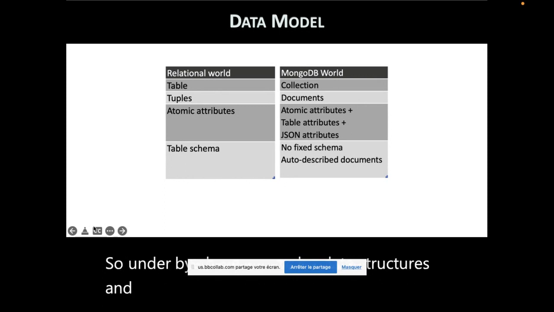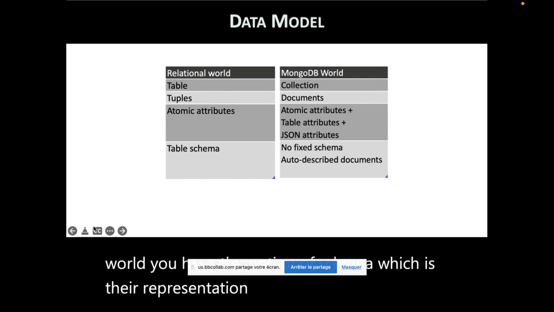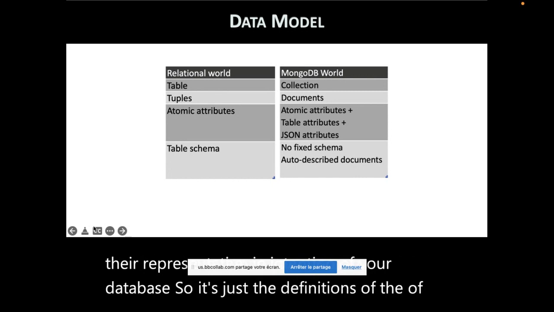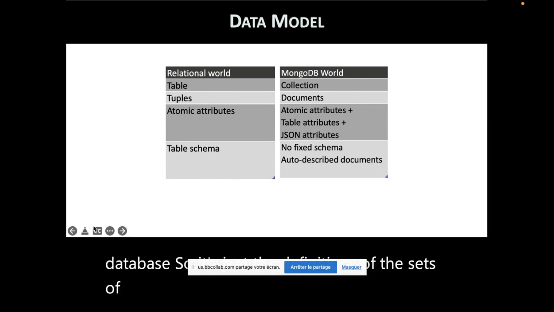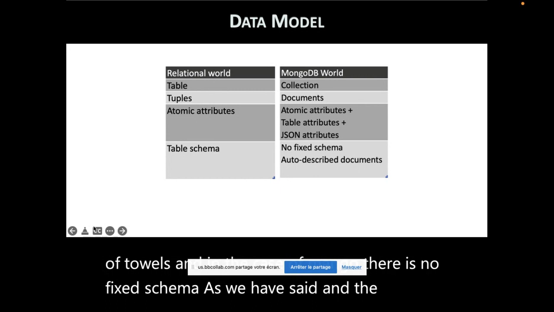And then in the relational world, you have the notion of schema, which is the representation in intention of your database. It's just the definitions of the sets of tuples. And in the case of Mongo, there is no fixed schema, as we have said, and the documents are auto-described.